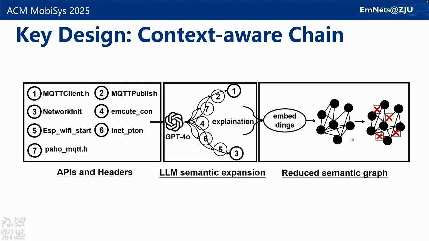Next, we extract embedded representations from these extended descriptions. These embeddings capture the semantic features of the APIs and headers. Finally, we use cosine similarity to calculate the distance between APIs and headers.